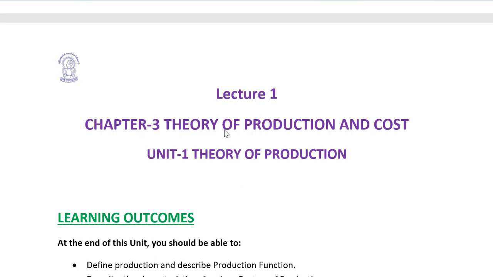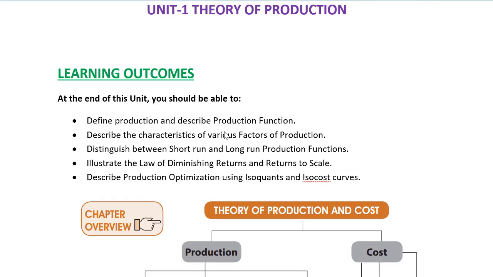Let us see the learning objectives of this chapter. At the end of this unit, you will be able to define production and describe the production function. So we'll be able to understand the meaning of production and production function.